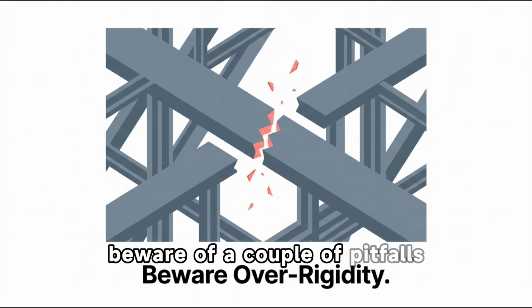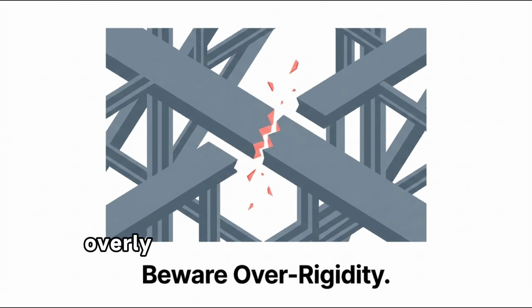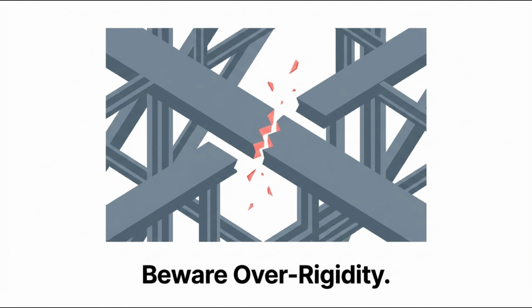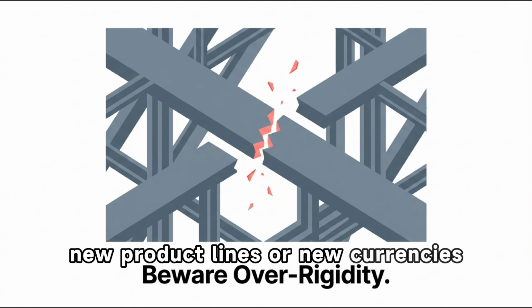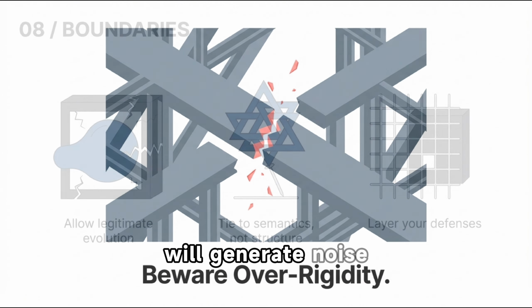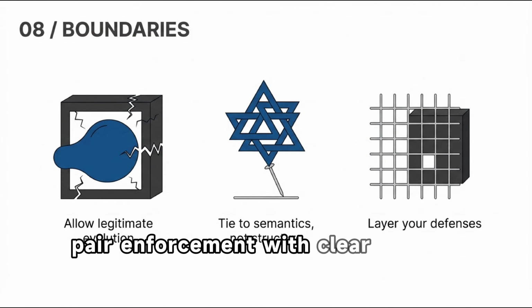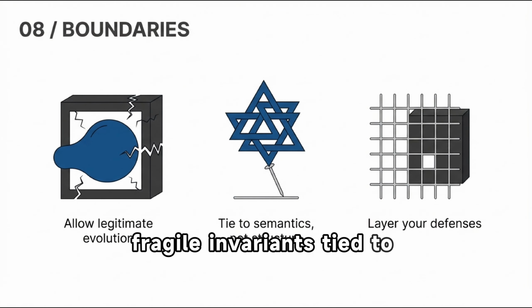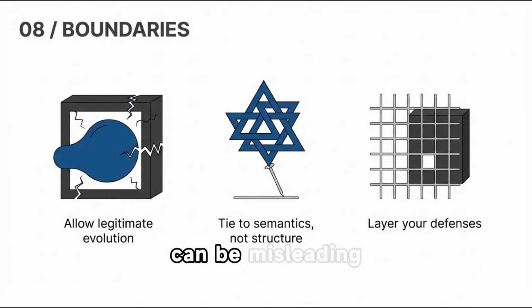Beware of a couple of pitfalls. First, overly strict invariants can block legitimate change. If your business evolves, with new product lines or new currencies, strictly enforced checks without change management will generate noise. Pair enforcement with clear change control. Second, fragile invariants tied to implementation details can be misleading.